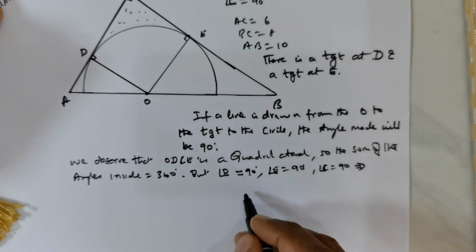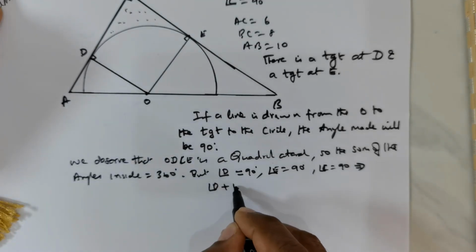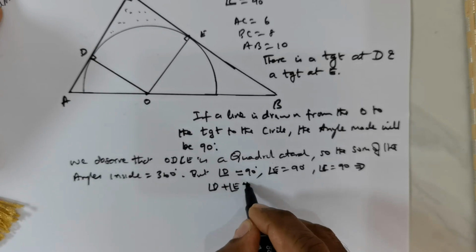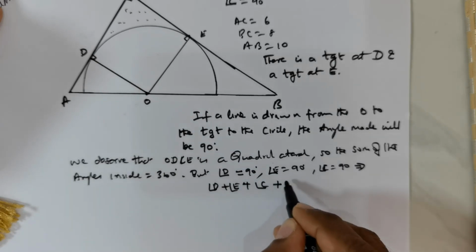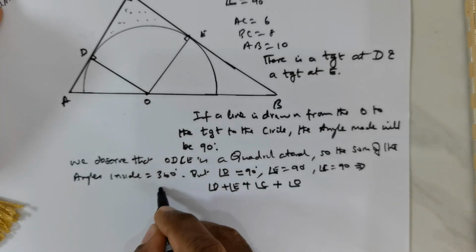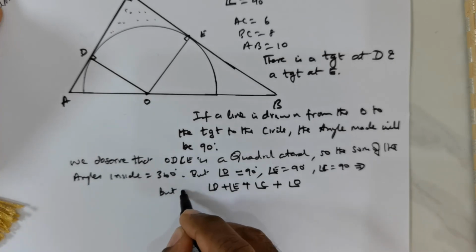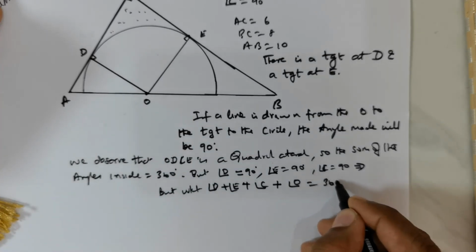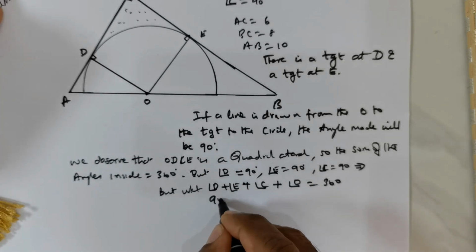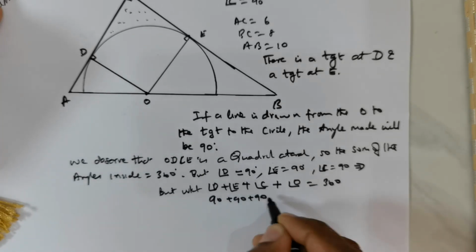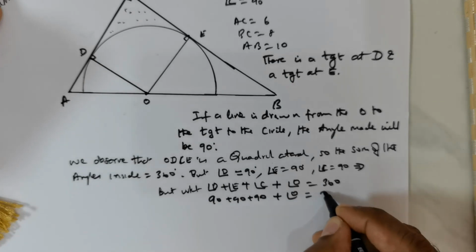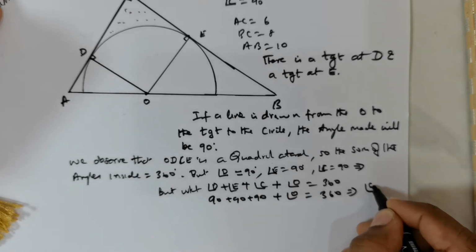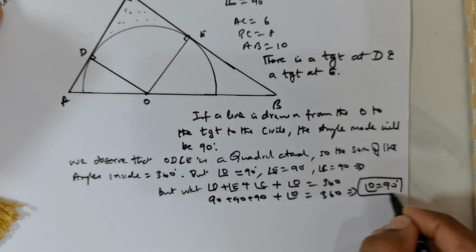So this means angle D plus angle E plus angle C plus angle at O should be equal to 360. So you put 90 plus 90 plus 90 plus angle at O equal to 360. So this means angle at O should also be equal to 90 degrees, right?